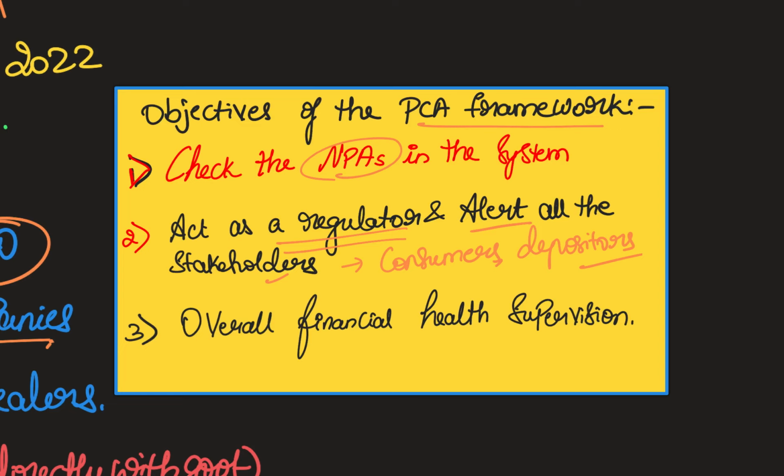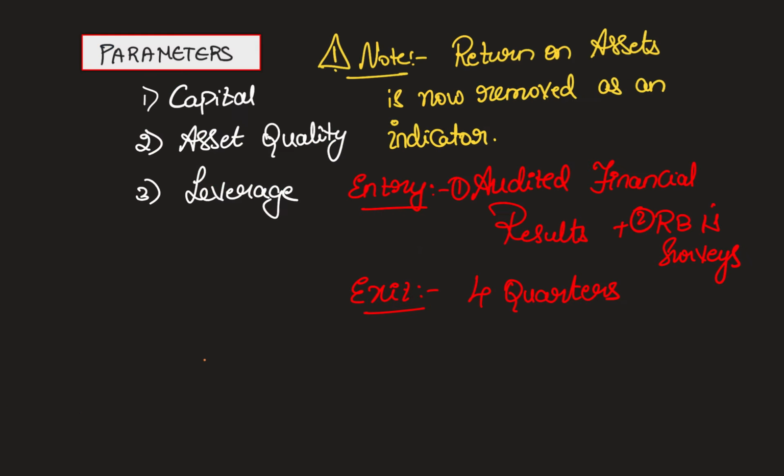So we are imposing a regulation. This will have an overall good impact on the financial health of the entire ecosystem, and that is why the PCA framework is the first step to avoid further non-performing assets.